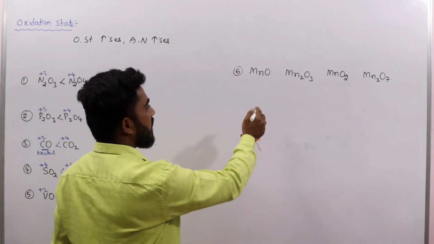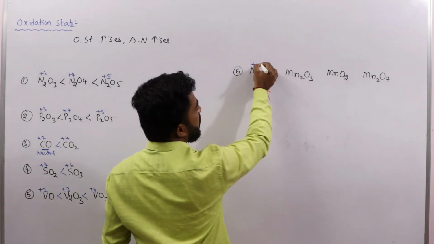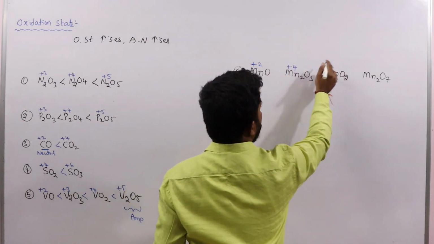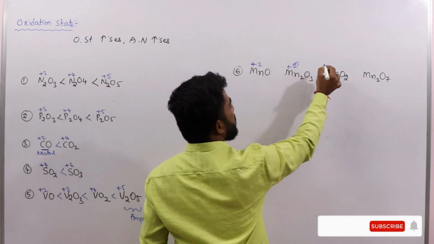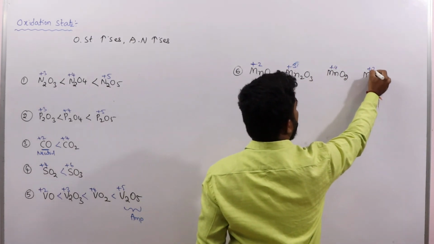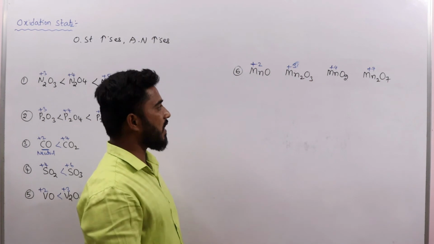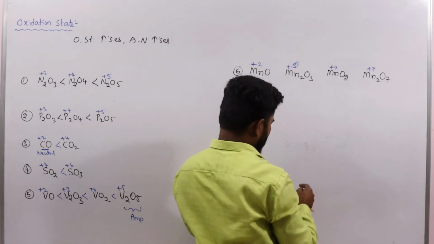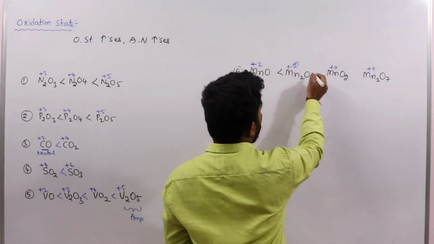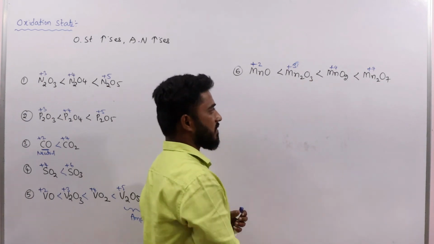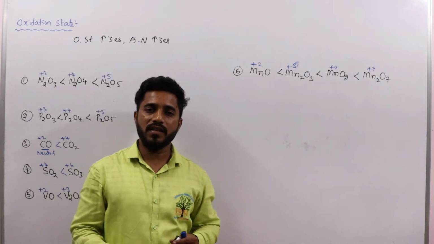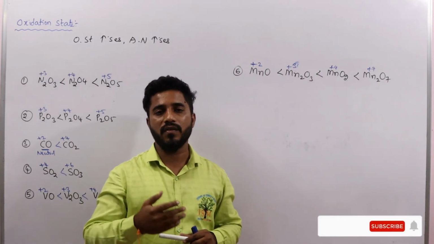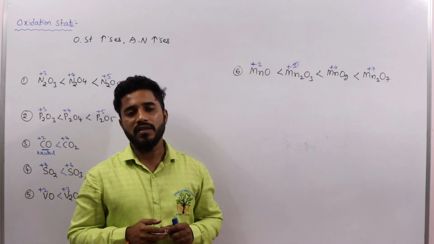Next, manganese: here it is +2, +3, +4, and +7. As the oxidation state increases, acidic nature increases. So these are the two factors which affect the nature of oxides: one is electronegativity, and the other is oxidation state.